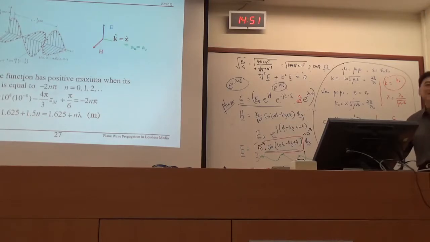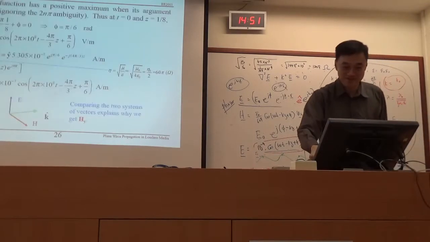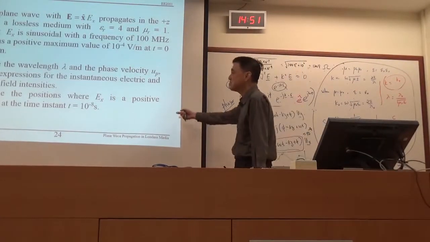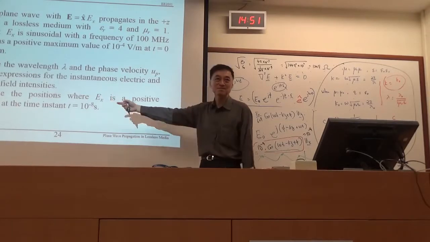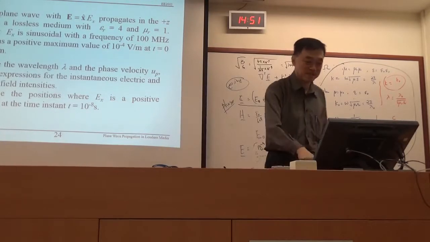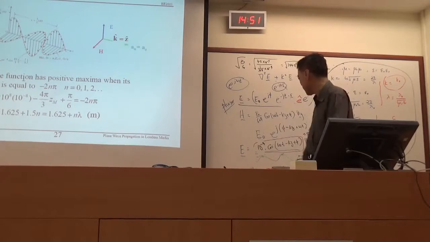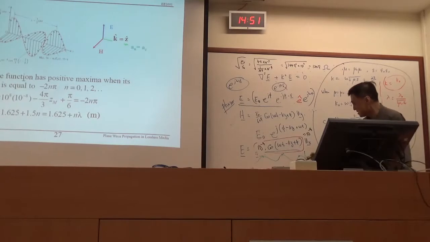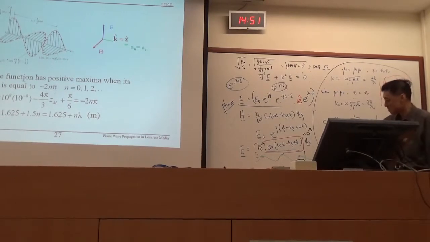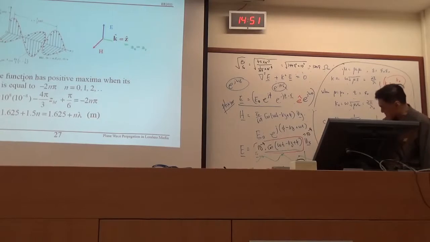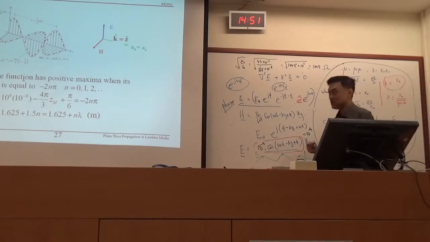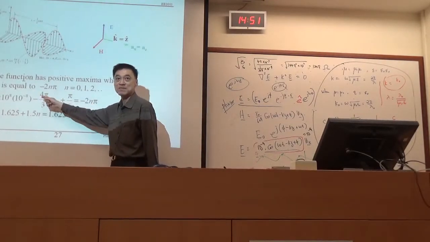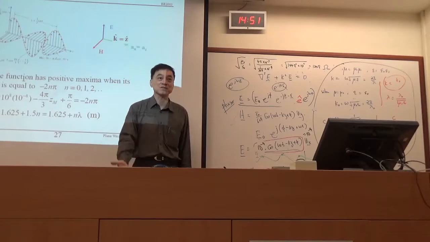Nothing wrong, because the question never says, so if I mark this question, I'll mark it correct, because the positions where Ex is positive are all behind Z equal to 0. But if you put minus 2n pi there, the solutions are in front, because when you move over it becomes positive, so positive equal to positive, and Z becomes positive.